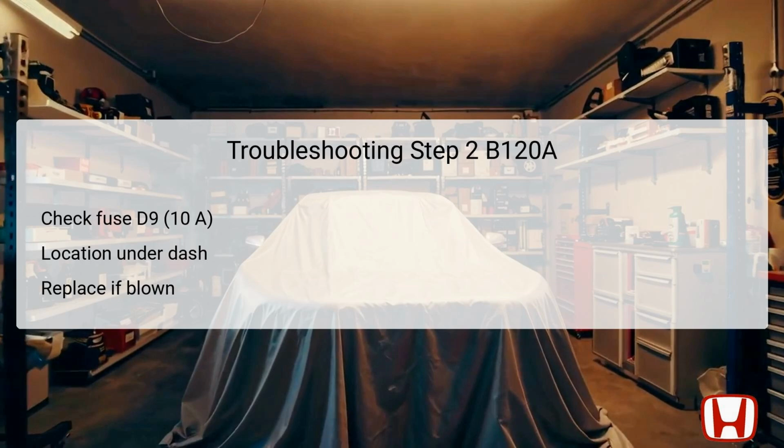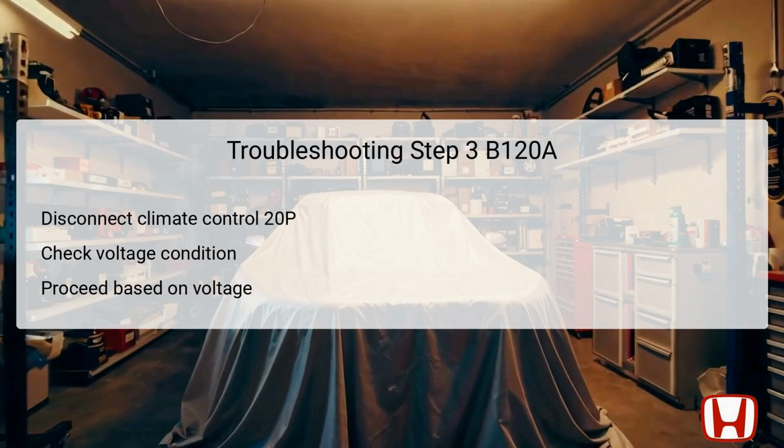If it is blown, replace it with a new fuse of the same rating and check the climate control system again. If the fuse blows again after being replaced, this indicates the presence of a short in the circuit, which will necessitate further investigation. This step is critical as the fuse safeguards the climate control unit from electrical surges and malfunctions.